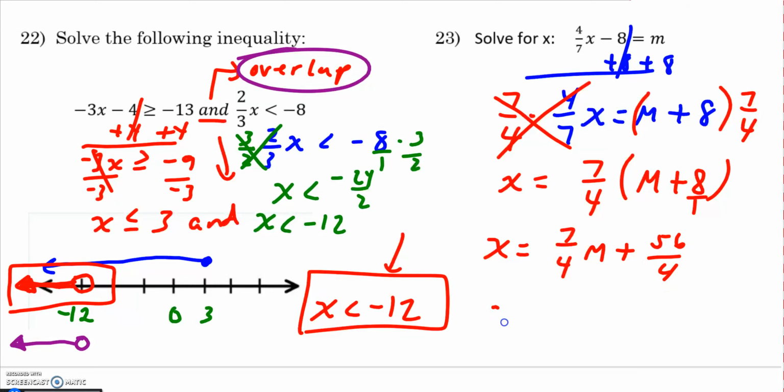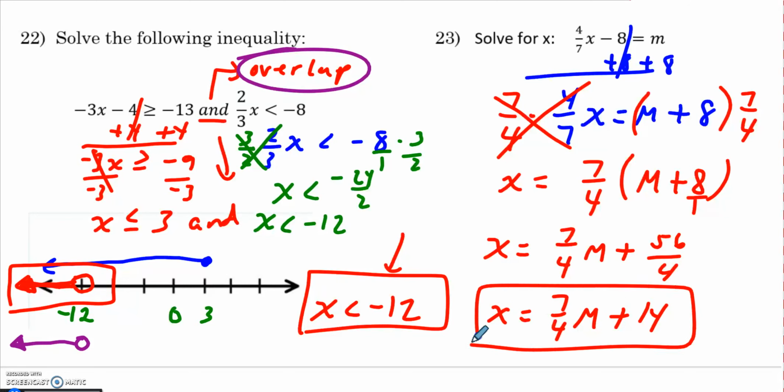This is 14. So x is 7/4 m plus 14. And so this is how, at this point in the year, I would like your answer to be. Because I recognize that you could have left your answer like this earlier in the year, but now that we're more sophisticated, I do expect this boxed answer.